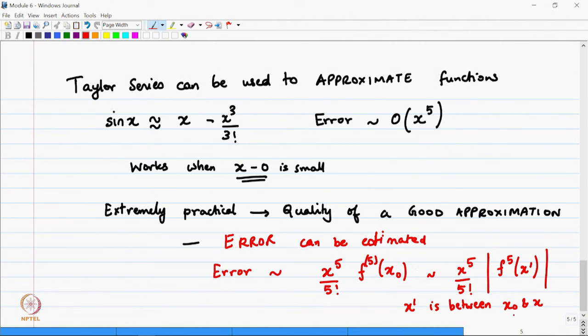So, you say that the error is somewhere here. This is the leading term in the error; you can have higher order terms also. So, we can put an upper bound for the error in this way.